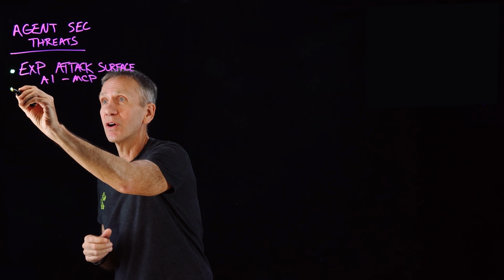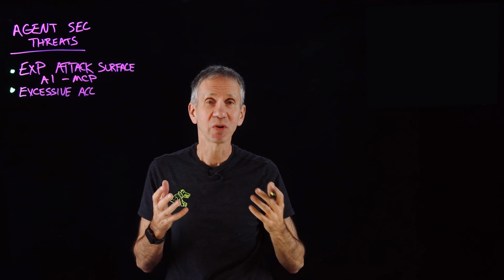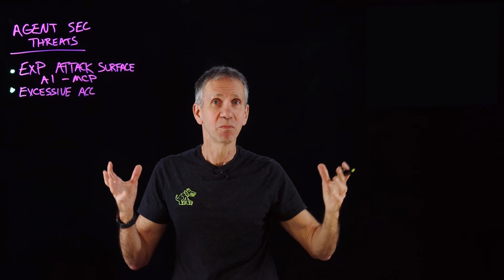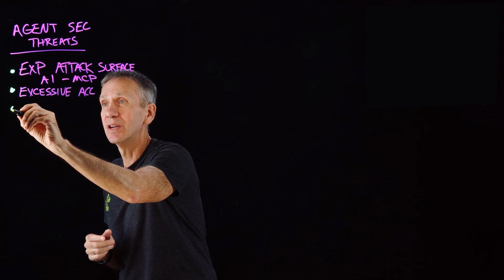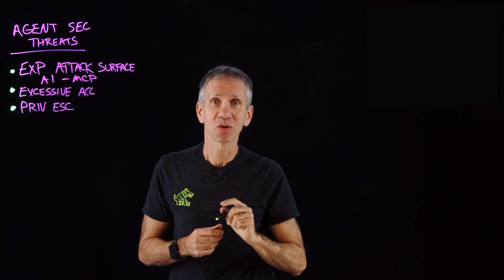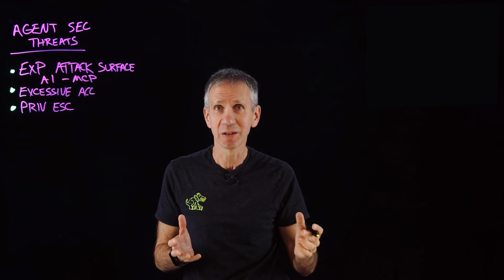That's the thing that allows agents to talk to tools and other services. That's yet another potential attack vector. We could also have a case of excessive access or excessive agency, where the agent has more control and more access to things than it needs. It could also be the case that the agent takes it upon itself to escalate its own privileges, which we don't want it to do unless that's something that we intended.